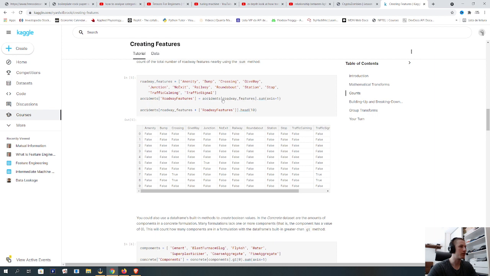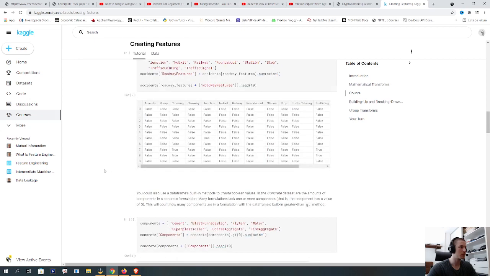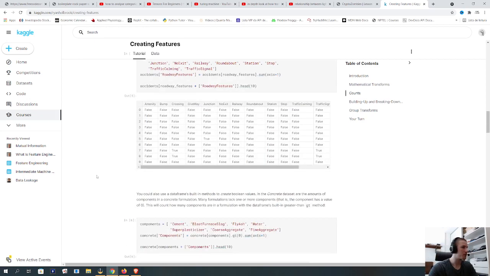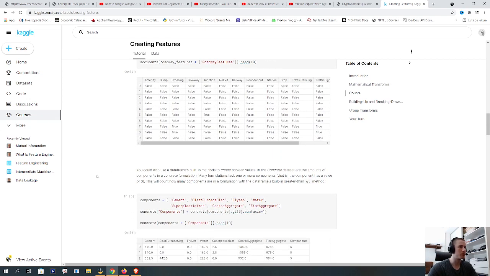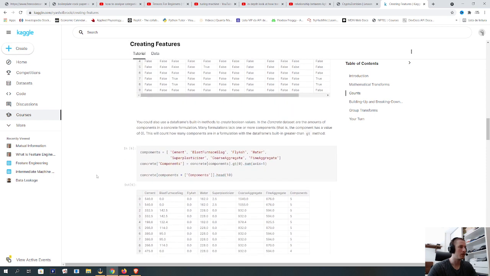So it makes a data frame that is a boolean of the sum of these things. Could also use a data frame's built-in methods to create boolean values. The concrete data set has the amounts of components in a concrete formulation.